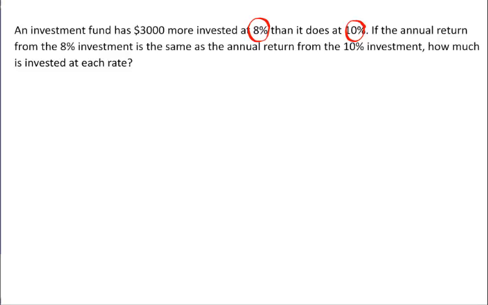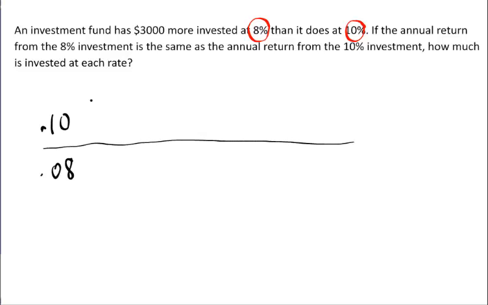We've got a 10% rate, and we've got an 8% rate. Now, how much have we invested? How much have we spent? Okay, we spent x dollars at 10%.